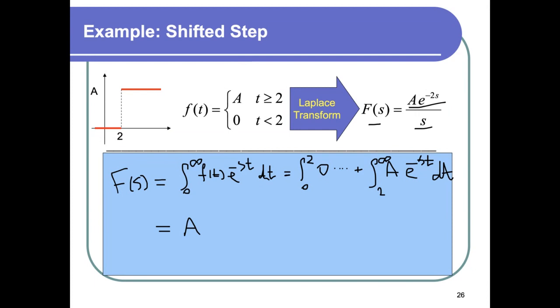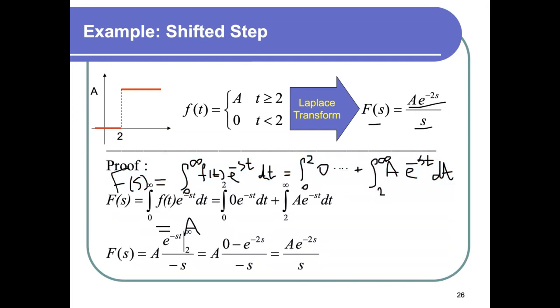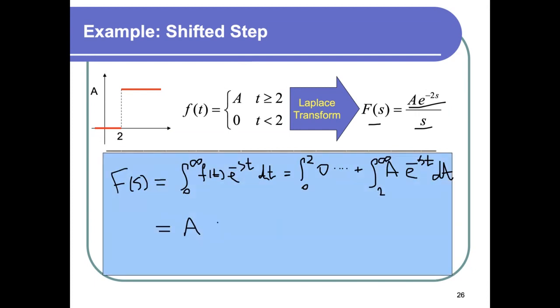Then the integral will be equal to simply minus e to the minus st over s, where the value of t is from 2 to infinity.